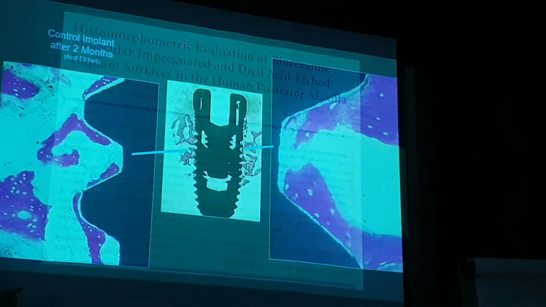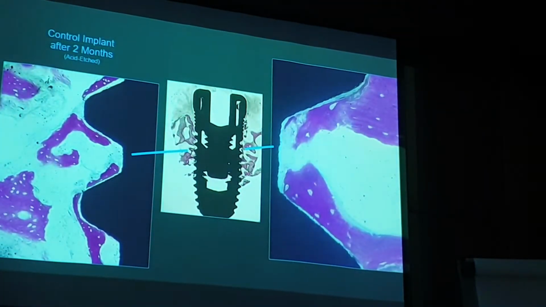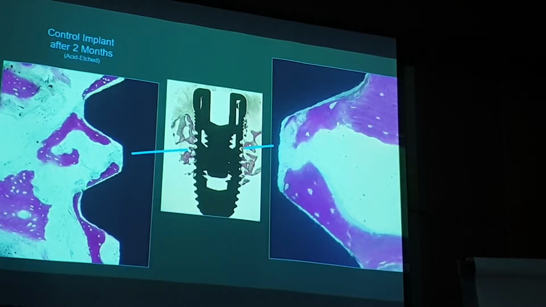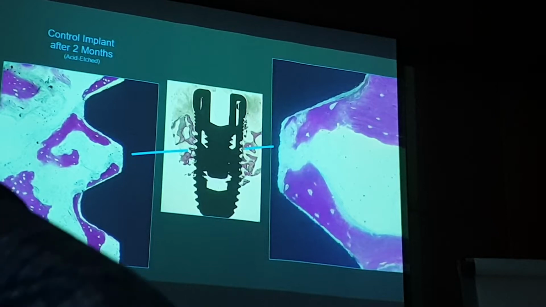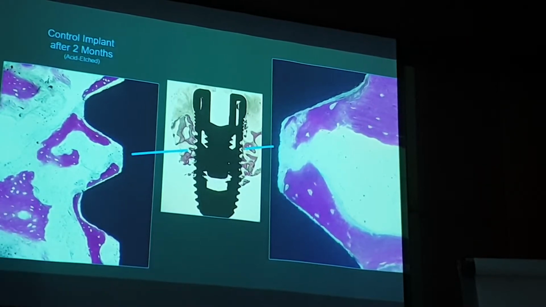And the 2 implants were identical in architecture. One was acid etched, the other one though was acid etched plus had a calcium phosphate coating on the outside. 1 micron, even less than 1 micron, just a little bit of calcium phosphate in the titanium oxide layer.